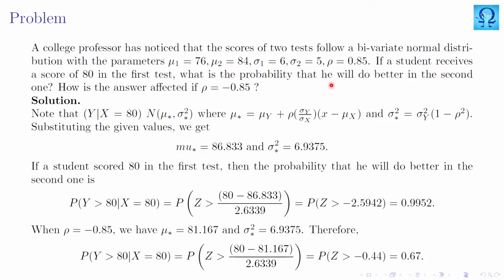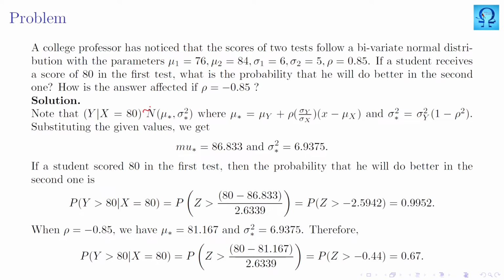If a student receives a score of 80 in the first test, what is the probability that he will do better in the second one? So, given that he has scored 80 in the first test, and he needs to score more in the second test, we are going to calculate the probability.